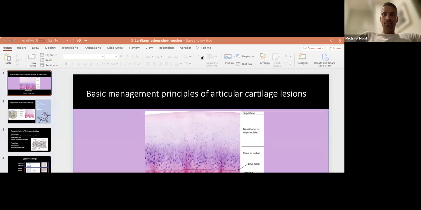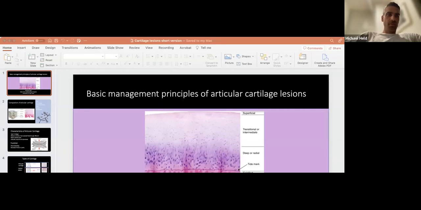Okay, so I'll first share the screen with cartilage. These are the cases.